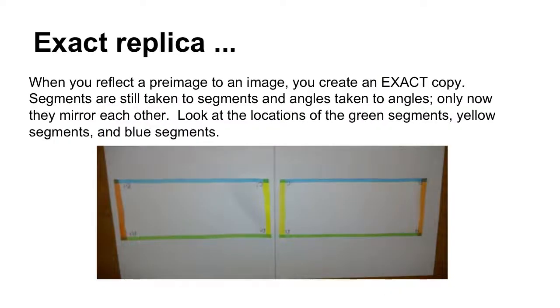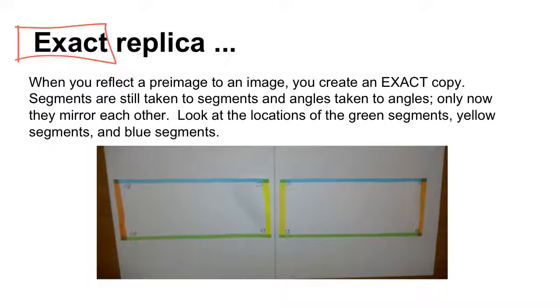As I said earlier, a reflection is a rigid transformation because we're going to get an exact replica. When you reflect a pre-image to an image, you create an exact copy. Segments are still taken to segments and angles taken to angles, only now they are going to mirror each other. So if you look at these, the locations are interesting.